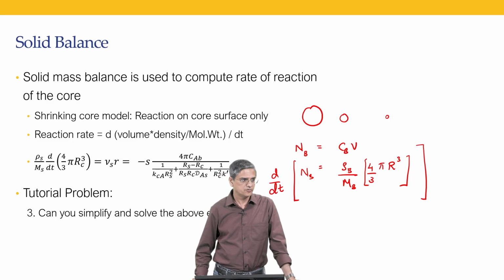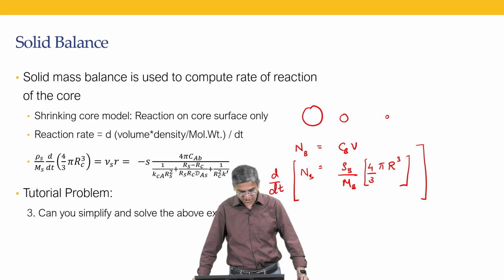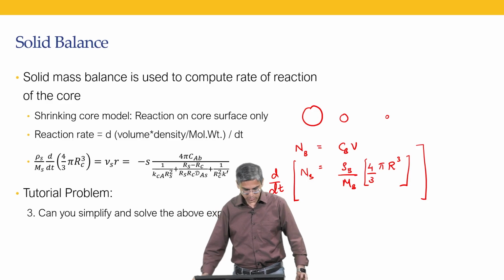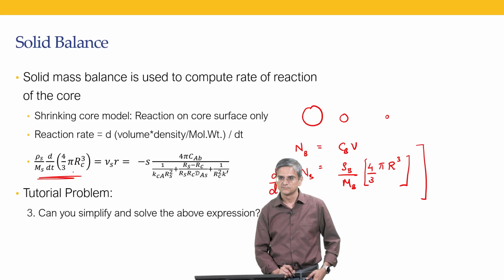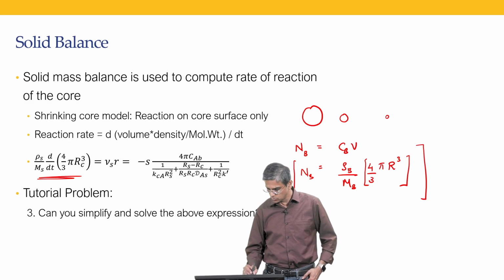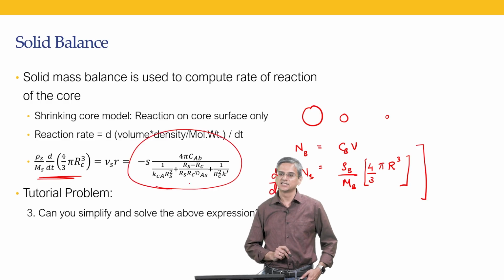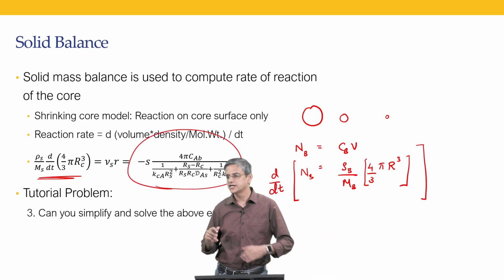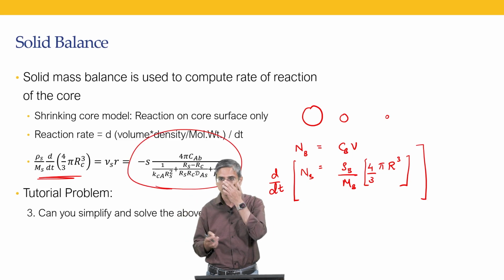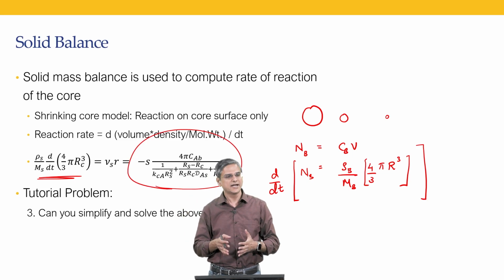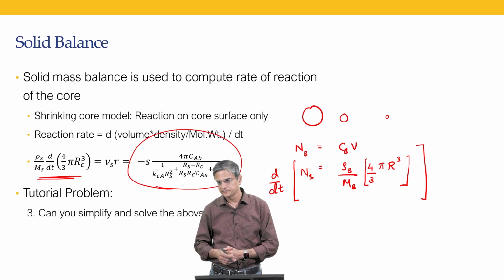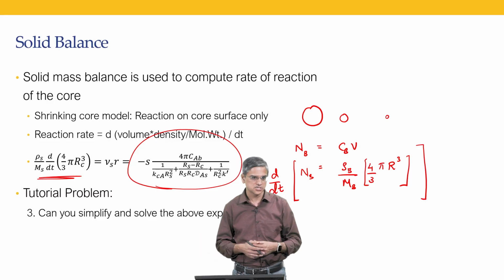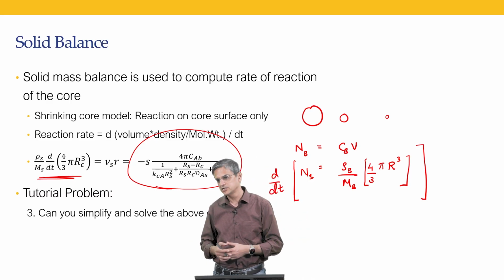What happens in the case of the shrinking core model? Same thing, the left hand side, notice, does not change. It is only the right hand side that is now different. Earlier, what was the right hand side? In the dissolution model that you did in your tutorial, the right hand side was just K multiplied by reaction. If it was 0th order, it was just K. If it is first order in A, K multiplied by Ca.